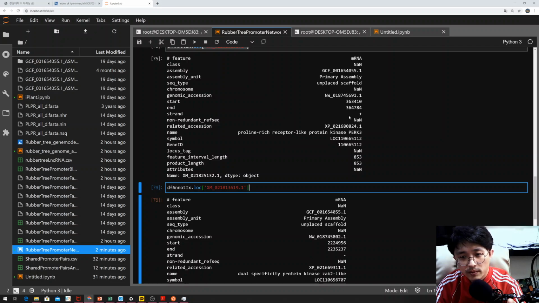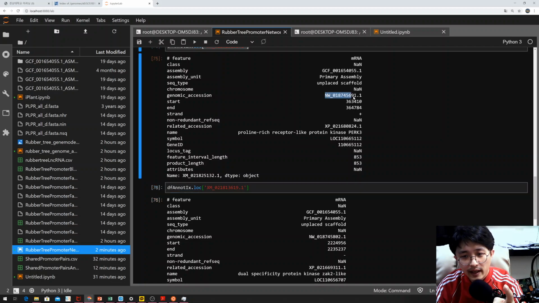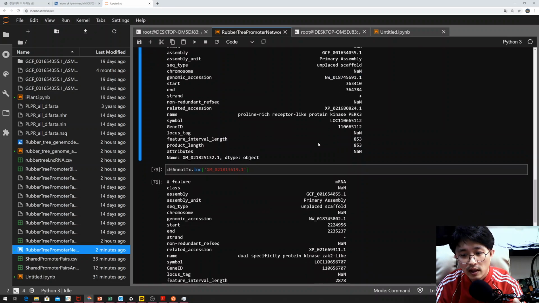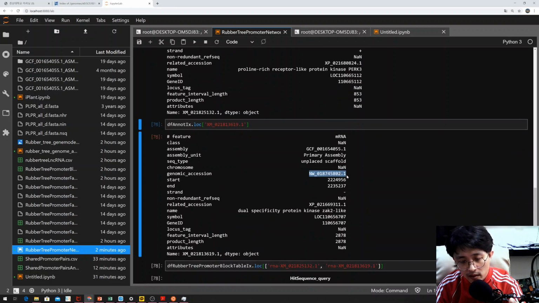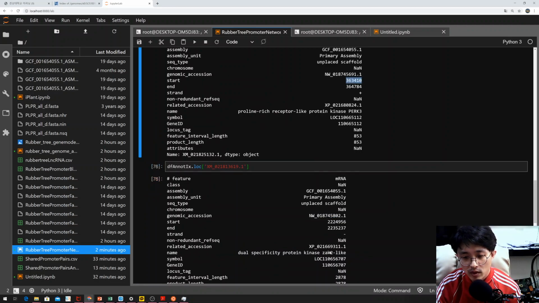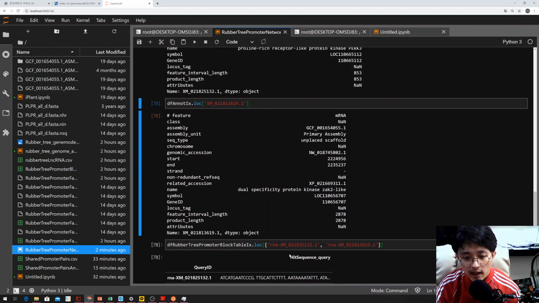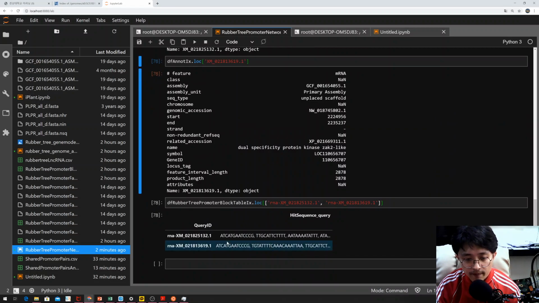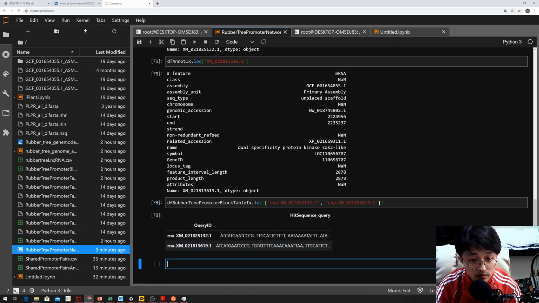This one evolved in this scaffold, maybe a different chromosome, and this one evolved in this scaffold, a different genome location. The starting point is different, but they are conserved. They conserve these sequences. This is very interesting.